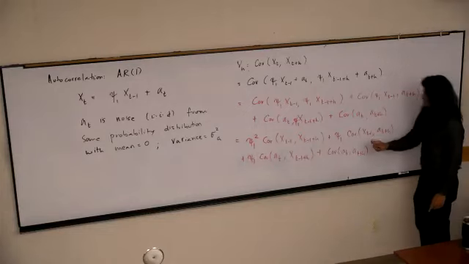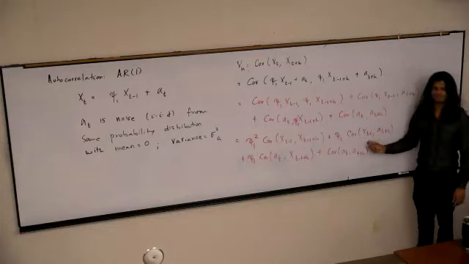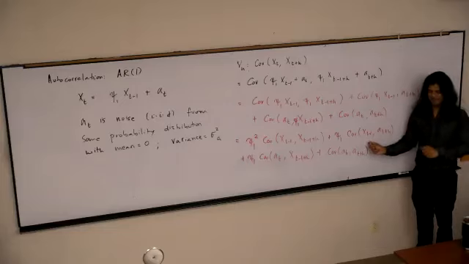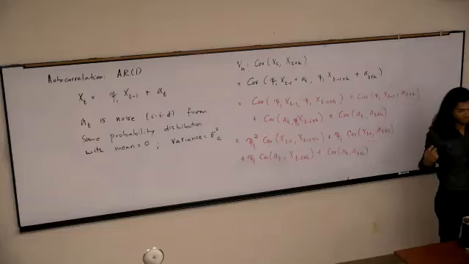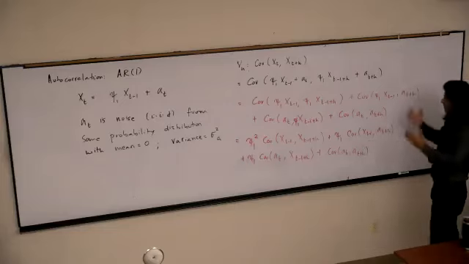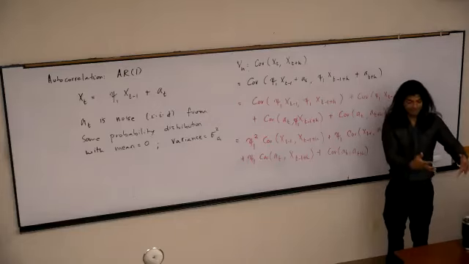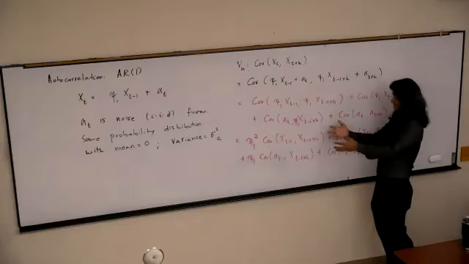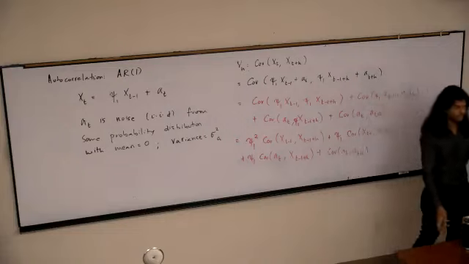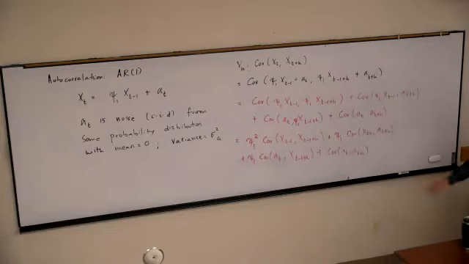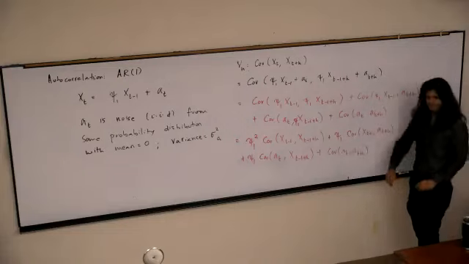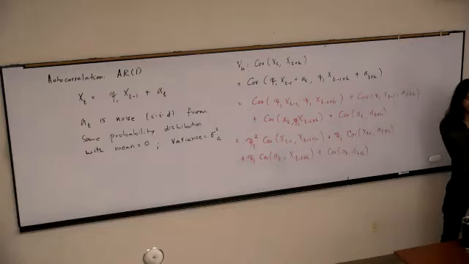What is the value of that? Think logically. Forget about the math part. What am I trying to find? I'm trying to find the covariance of a random variable and some noise component. The random variable's got a pattern, the noise doesn't. It's just a random noise component.